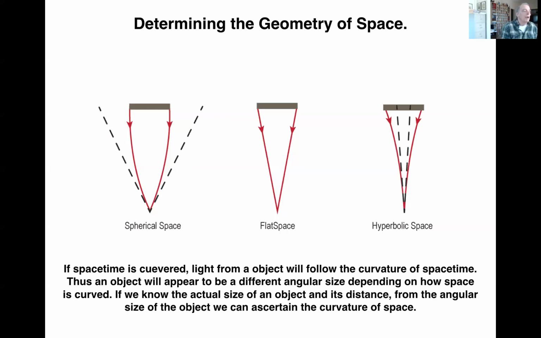So if you knew physically what the width of that bar was and how far away you were, and observed the angle from one side to the other, you could tell whether or not space was flat or curved and which way it was curved. Well, that's the kind of argument that goes on when we talk about the geometry of space and how it's determined from these CMB observations.